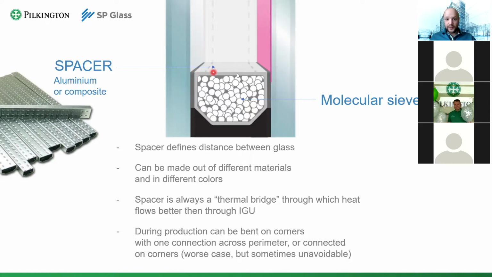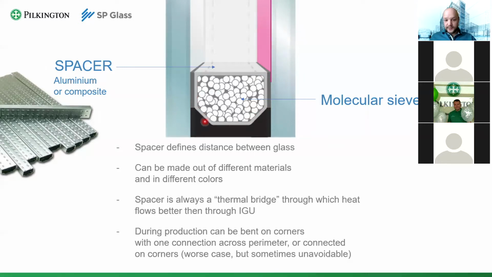composite spacers are widely used. Sometimes even purely plastic spacers are used, so made purely out of plastic. But personally, I wouldn't advise using them because plastic as a material has another faulty thing. It has very poor adhesion to the butyl, meaning the airtightness of your IG unit is poorer than if you have an aluminum or composite one.